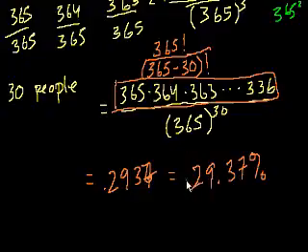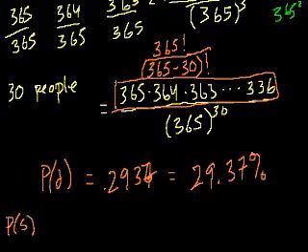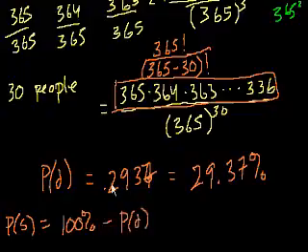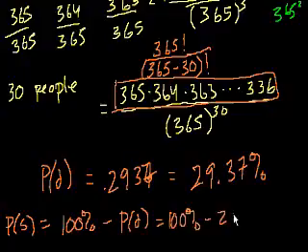Now, just so you remember what we were doing all along, this was the probability that no one shares a birthday with anyone. This was the probability of everyone having distinct, different birthdays from everyone else. And we've said the probability that someone shares a birthday with someone else, or maybe more than one person, is equal to all of the possibilities, the 100% probability space, minus the probability that no one shares a birthday with anybody. So that's equal to 100% minus 29.37%.